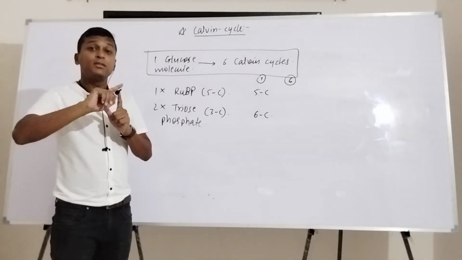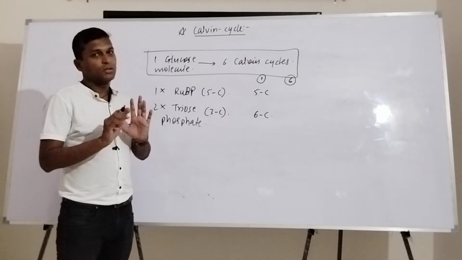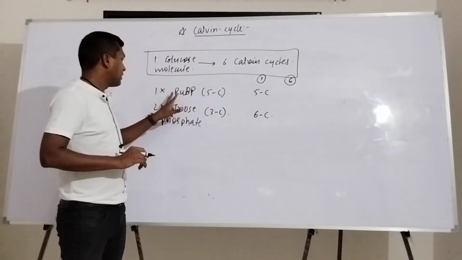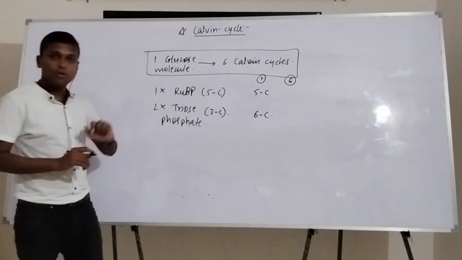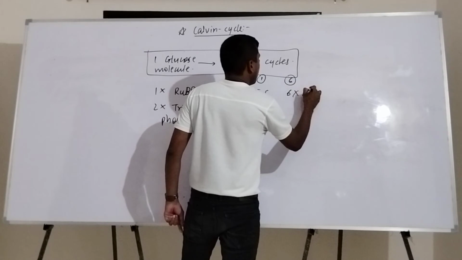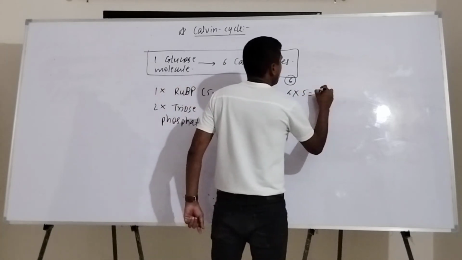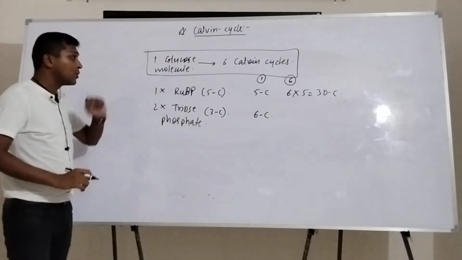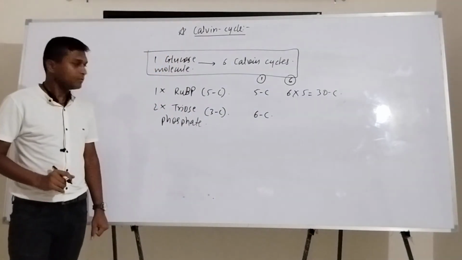That is how in 6 different Calvin cycles, 6 molecules of RUBP will be involved. Correct? So when 6 molecules of RUBP are there, 6 multiplied by 5 equals 30 carbon will be used so far as your RUBP is concerned.